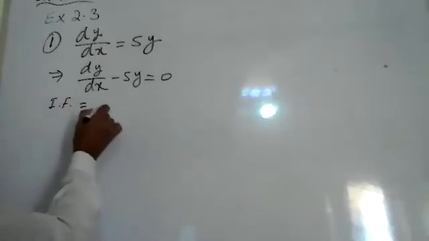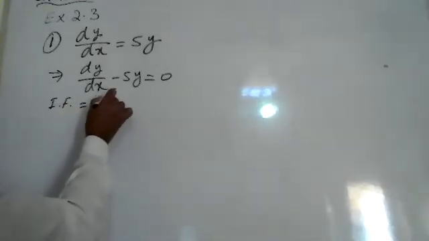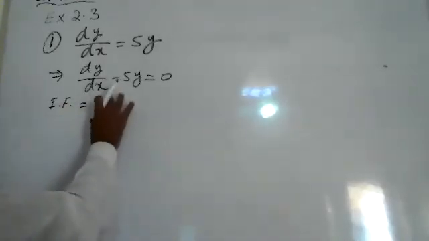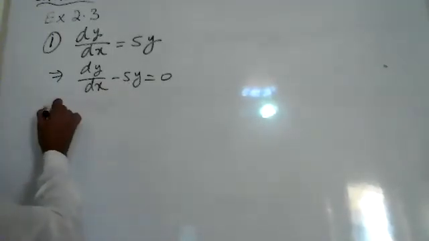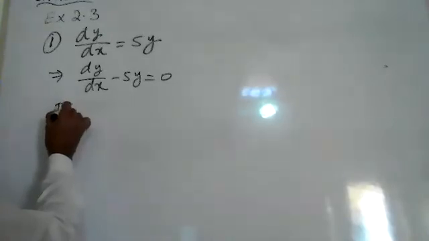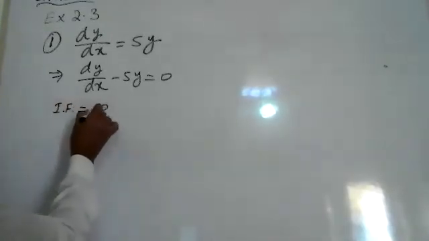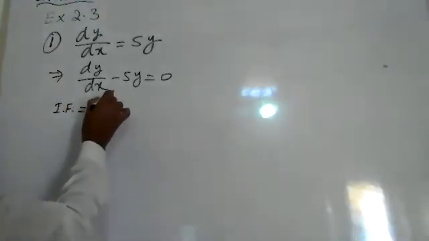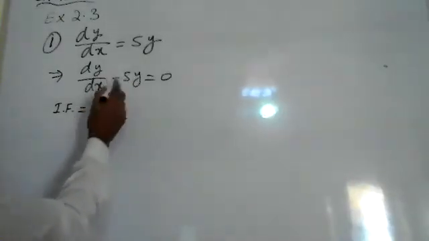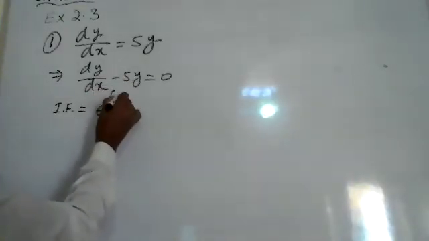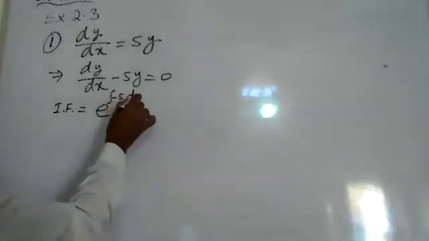The integrating factor will be equal to e raised to power integral of the coefficient of y, that is minus 5, dx with respect to x. We will integrate the coefficient of y with respect to x.